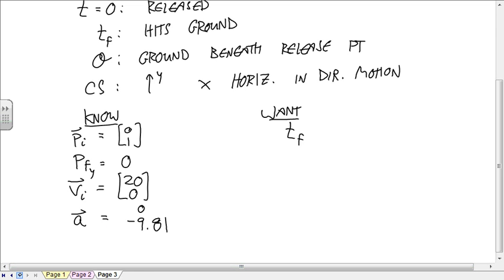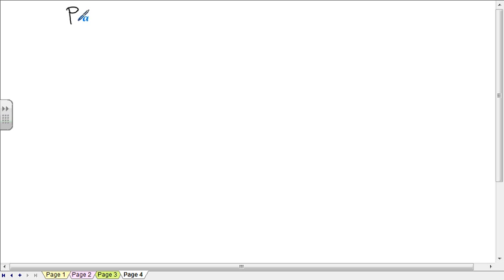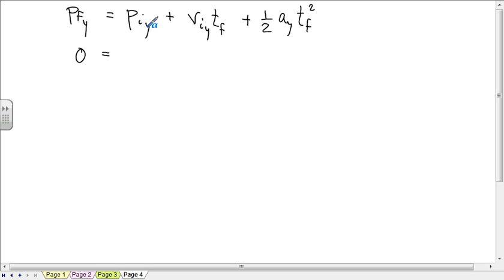And the equation that works here is PFY equals PIY plus VIY TF plus 1/2 AY TF squared. So we get 0 equals 1 plus 0 minus 4.905 TF squared.